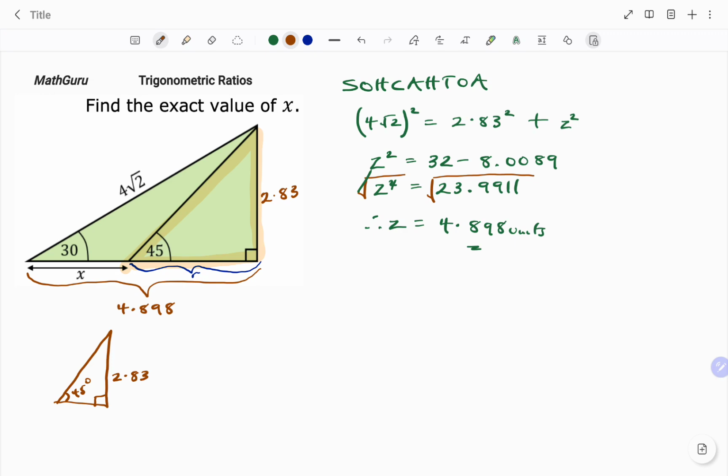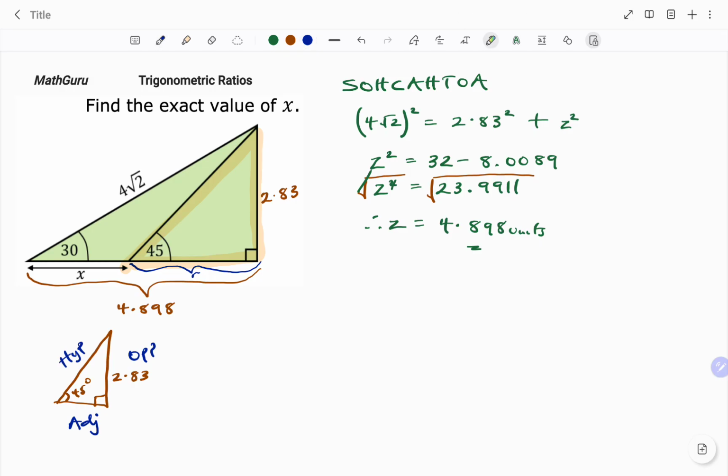Starting with labeling the sides in order to figure out the trig ratios to use, the side facing my right angle, that's the longest side, will be my hypotenuse, the side facing the angle is my opposite, and the last side is my adjacent. So in this case, I'm looking for my adjacent.